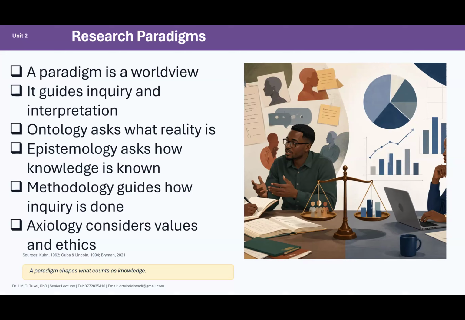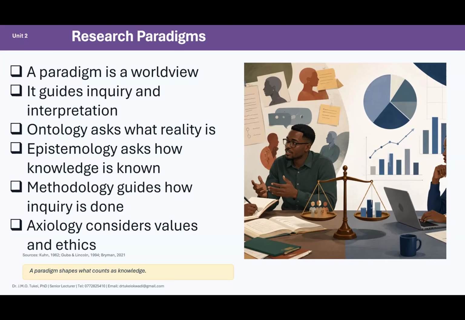Let's take an example. A study measuring the relationship between staff training and performance may lean towards positivism. A study exploring how health workers experience burnout may lean towards interpretivism. I want to engage you, class. What assumptions about reality and knowledge are hidden inside your proposed research topic? This is key and very important.